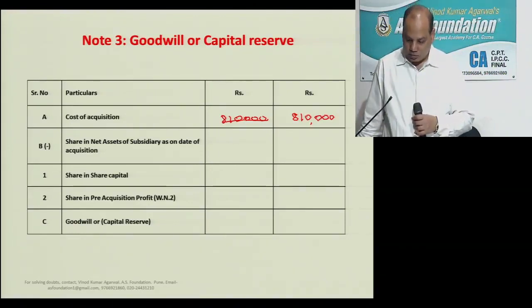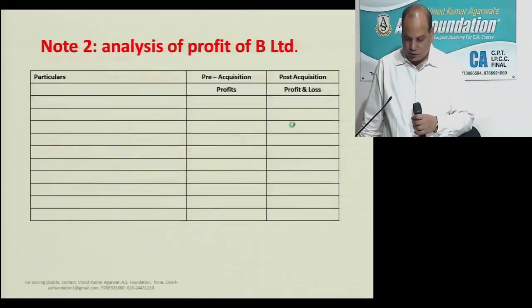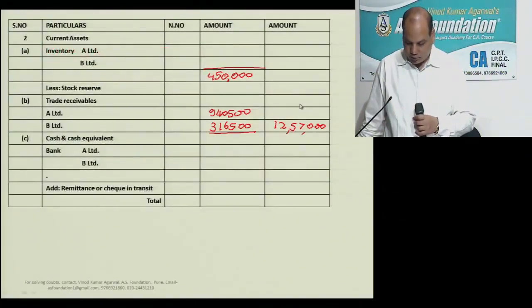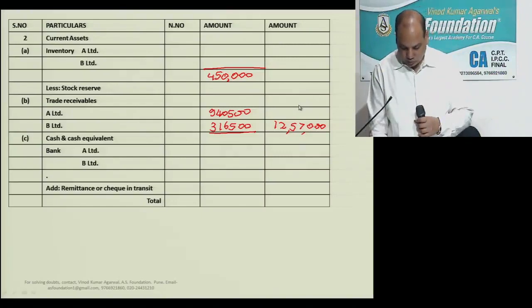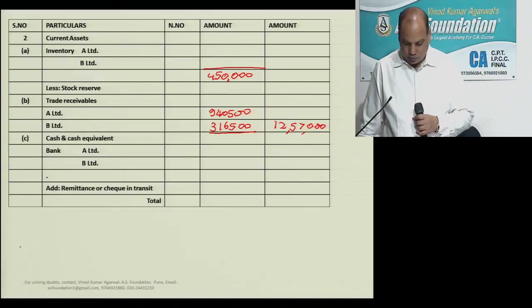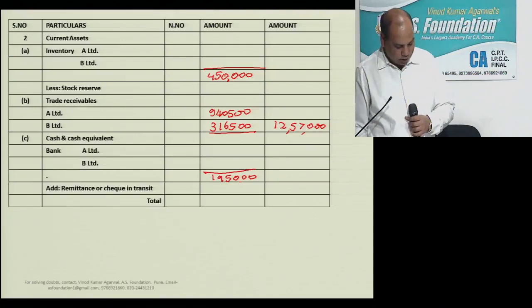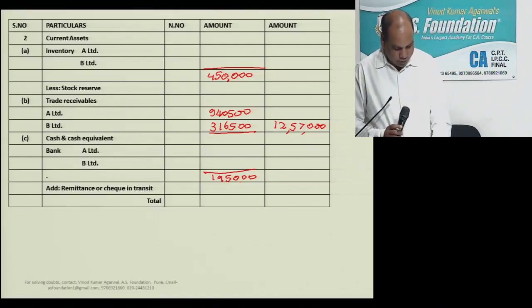In balance sheet, asset side, write in the first column, then write B limited also. What is the total of A and B? 1 lakh? And what is remittance in transit? 48,000 minus 40,500, so 7,500.